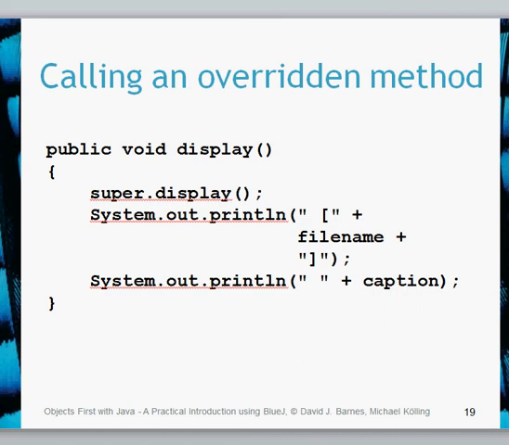So our display method, in our photo post class, is going to look something like that. Public void display, super.display, so we get the username and timestamp information. Then it will do the bits and pieces which are local to that particular photo post, so in this case the file name and the caption.